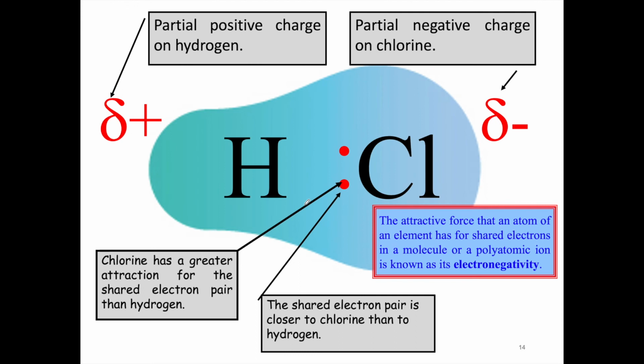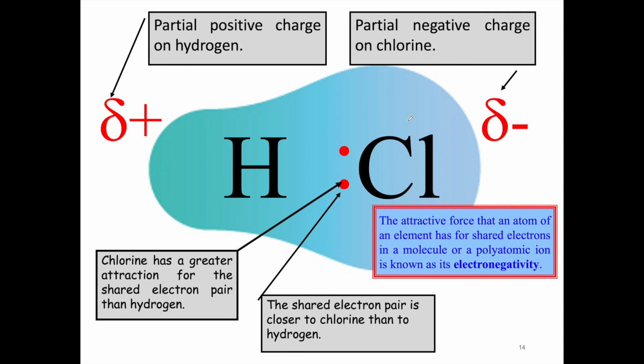The easiest example is hydrochloric acid, HCl. The hydrogen is the delta positive, while the chlorine is the delta negative. So this is partially positive and this is partially negative.